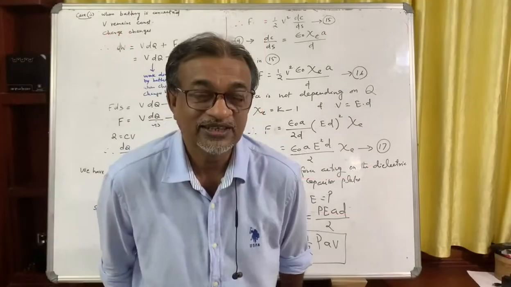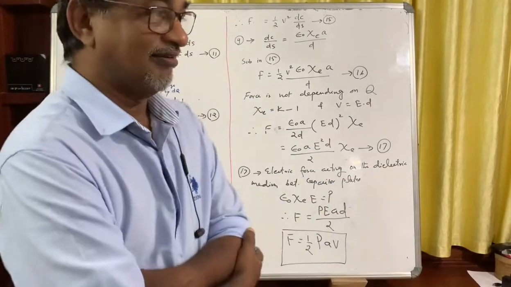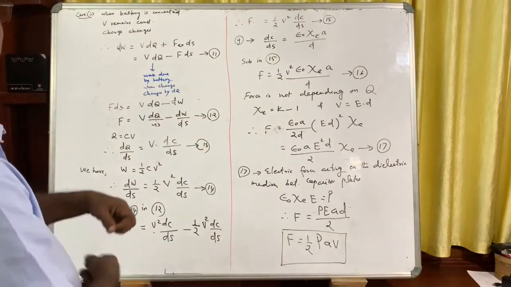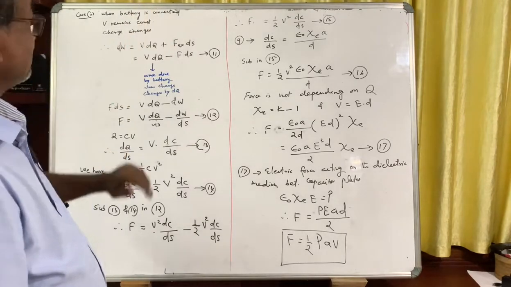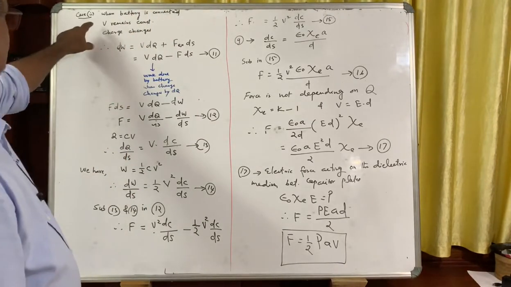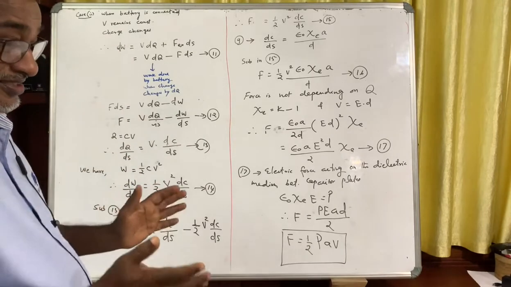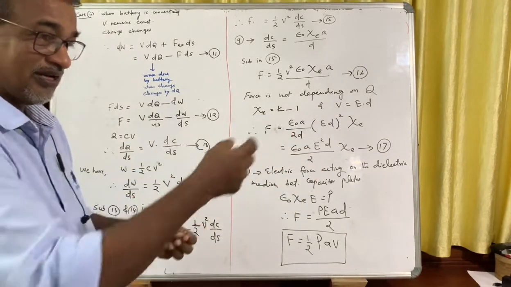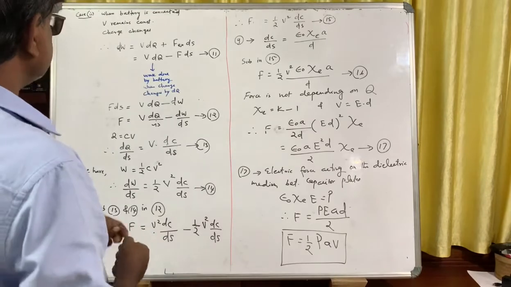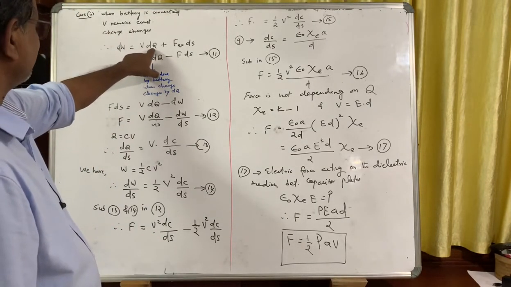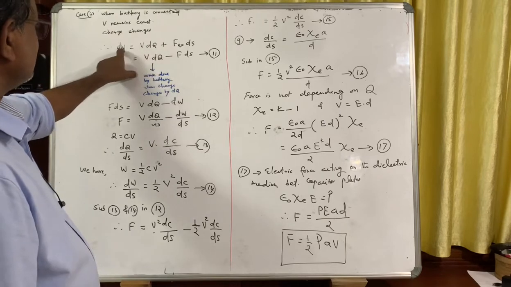force. Now we think about the case where these parallel plates are connected to a battery. And so potential V remains constant. So charge changes. So when it is connected to a battery, its charge is changing. Due to the change of charge dq, an energy is developed here.